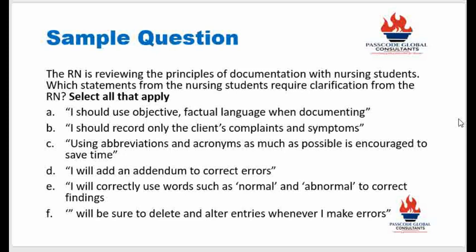So number 1, or A, says I should use objective factual language when documenting. That sounds like a good answer, and indeed it is, because objective and factual highlights the information that should be documented. That is very correct.